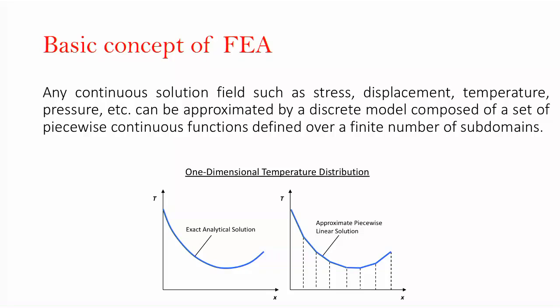If you look at the right-hand side figure, you can see that we have 7 small pieces. Each piece is called an element. So we have 7 elements here. And we use the simplest relationship between the temperature and x, which is linear. So we just use linear segments for each element.